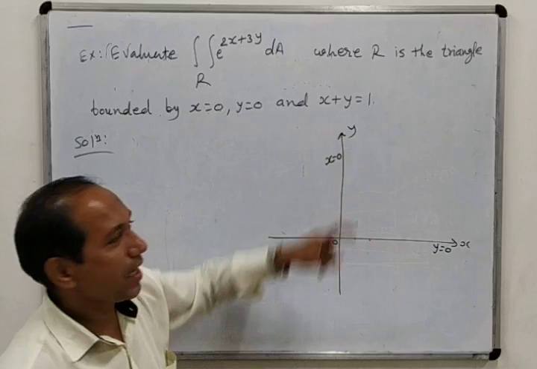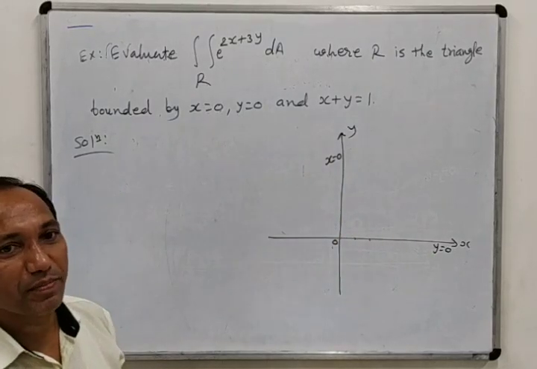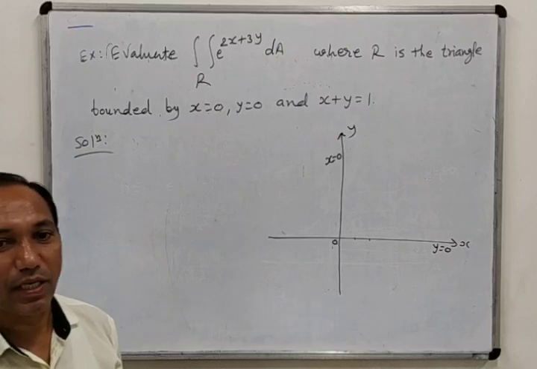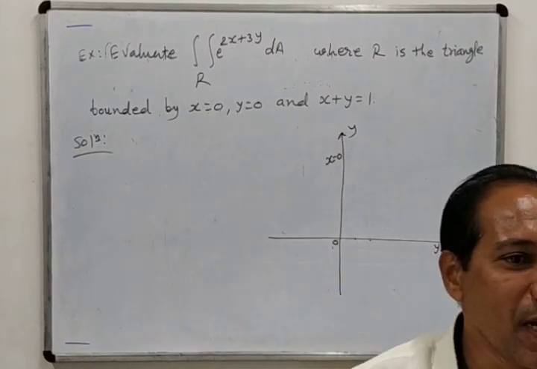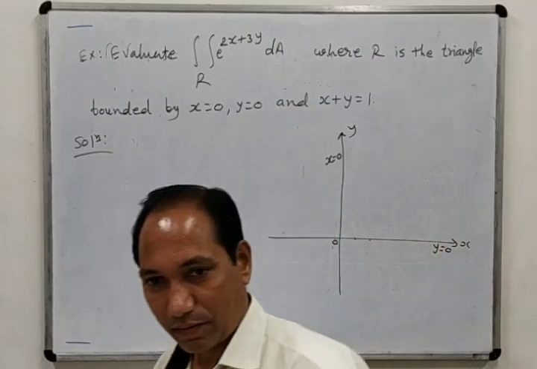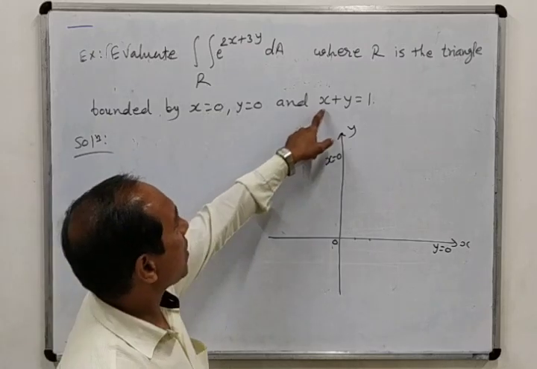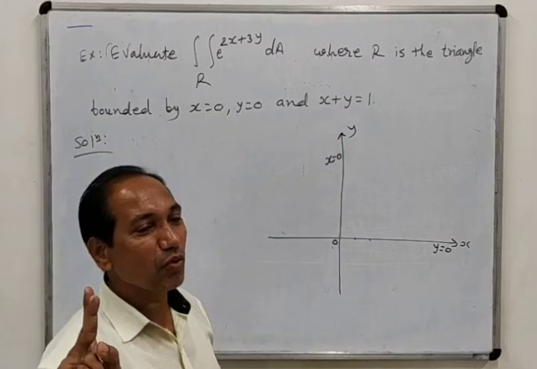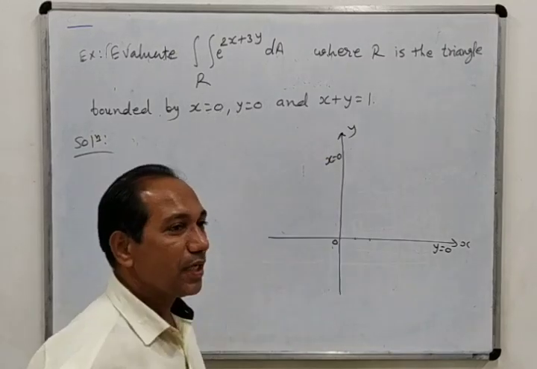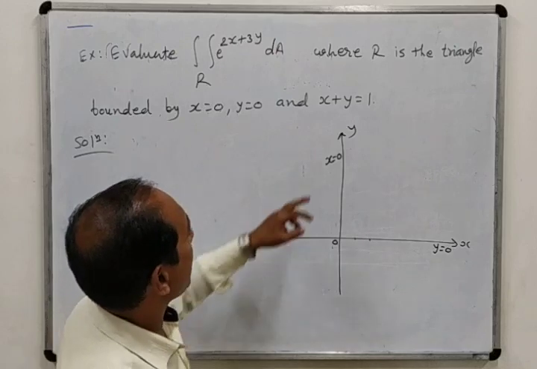One more boundary is x plus y equal to 1. X plus y equal to 1 is the equation of a straight line. You must be knowing, the equation of a straight line is in the form ax plus by equal to c. To draw the straight line, we require at least 2 points, and then we can join these 2 points by a line. The 2 points we can determine very easily.